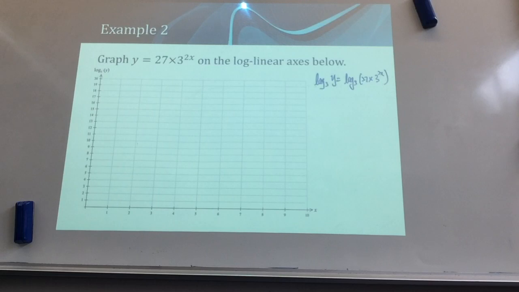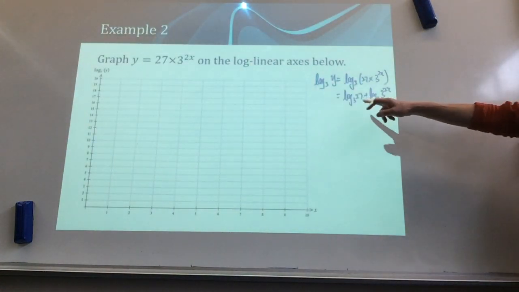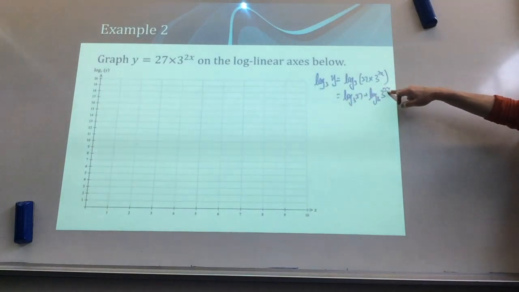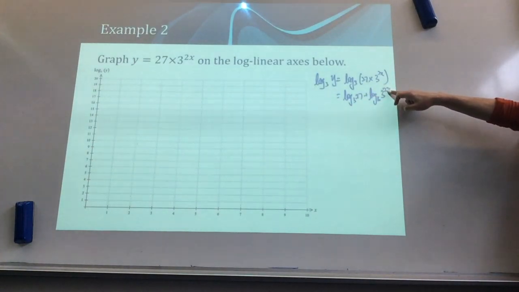Once you have done that, you should be able to work out that it is actually log of 3^7 plus log of 3^(2x), correct?